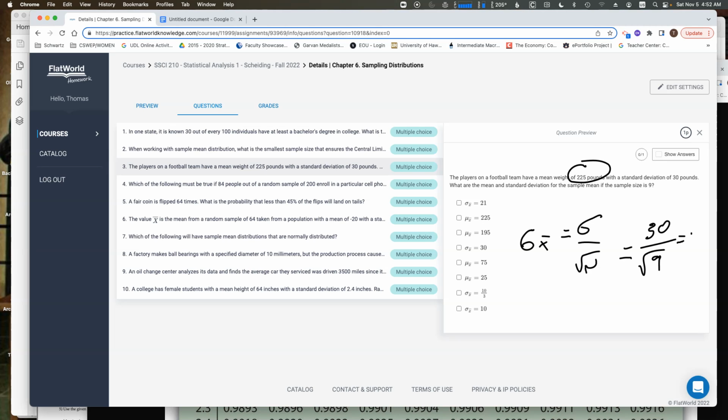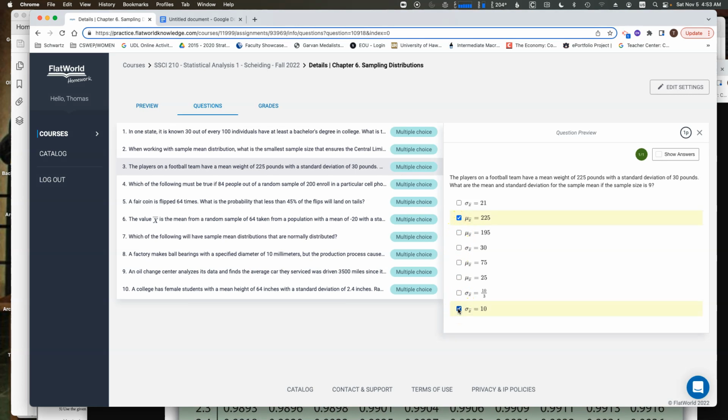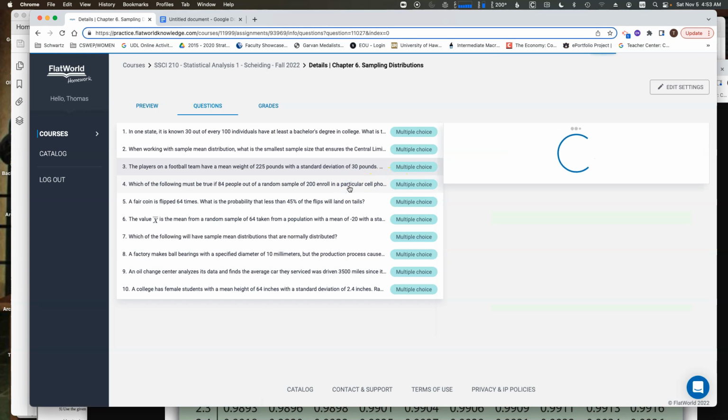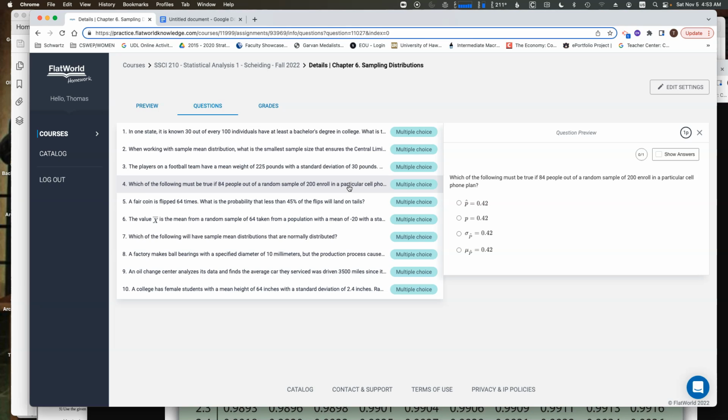So 30 divided by 3 is 10. So we're going to have to choose 2 options here. So I'm going to erase this now. So we know that the mean will be 225, and that our standard deviation will be 10. And there we go. And as I go through these, if there's something that's not making sense to you, even in my short video, just let me know and I'll try to make something longer for you to explain things better.